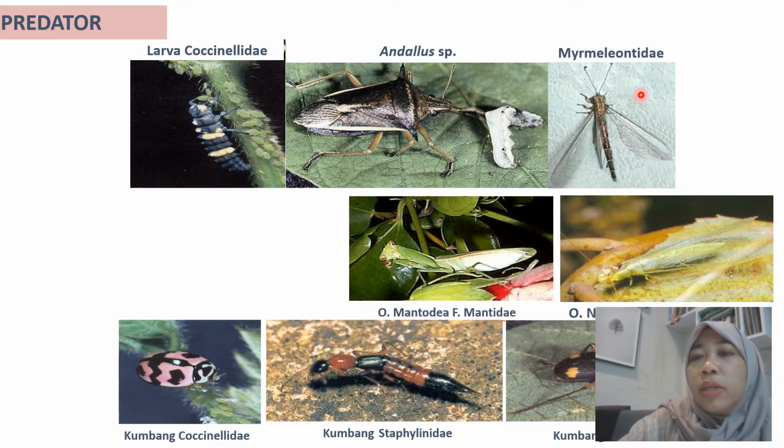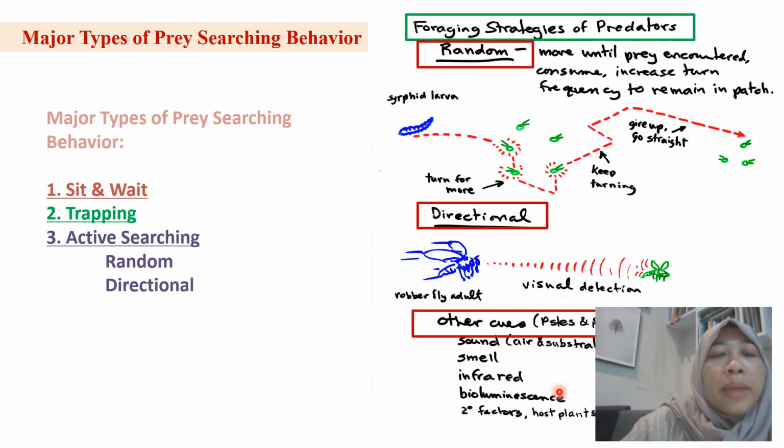This is Myrmeleontidae. Myrmeleontidae is the ant lion. This is an ant lion, adult of ant lion, carabid. Okay. Major types of prey searching behavior. Yeah, some of the strategies of the predator: random strategies. So they move from one place to another place to search for the prey. It's different with directional.